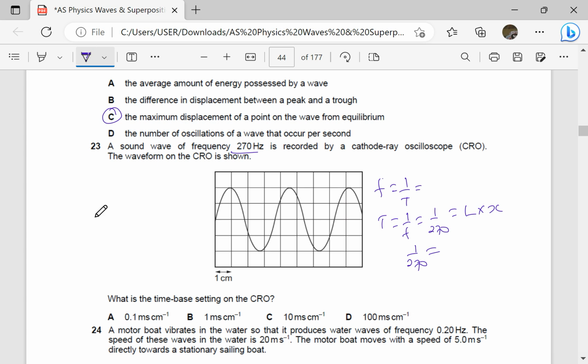It's hard to find a very convenient point, but I'll find one. So this is... we cannot tell whether this is reaching here.